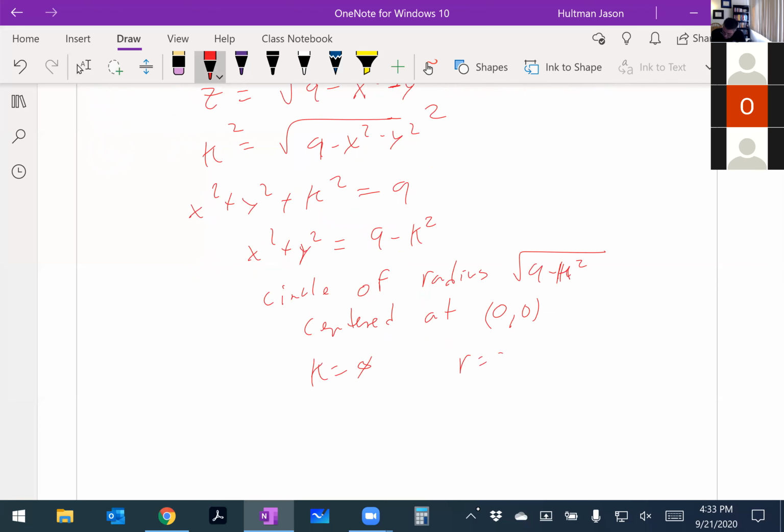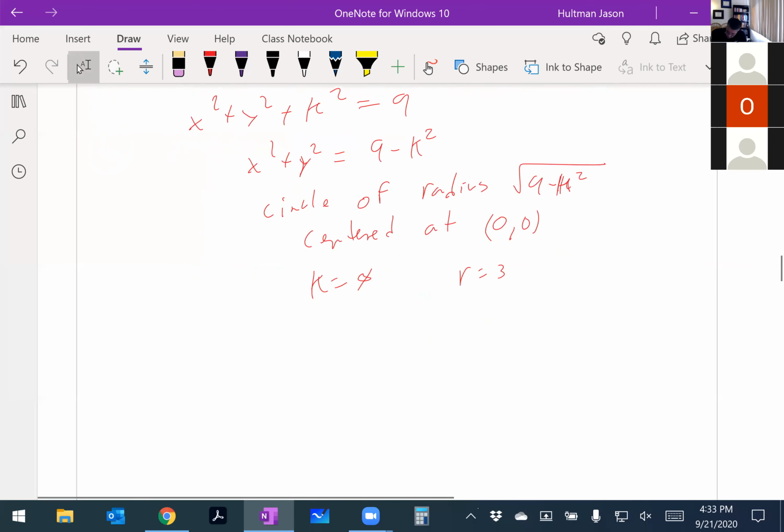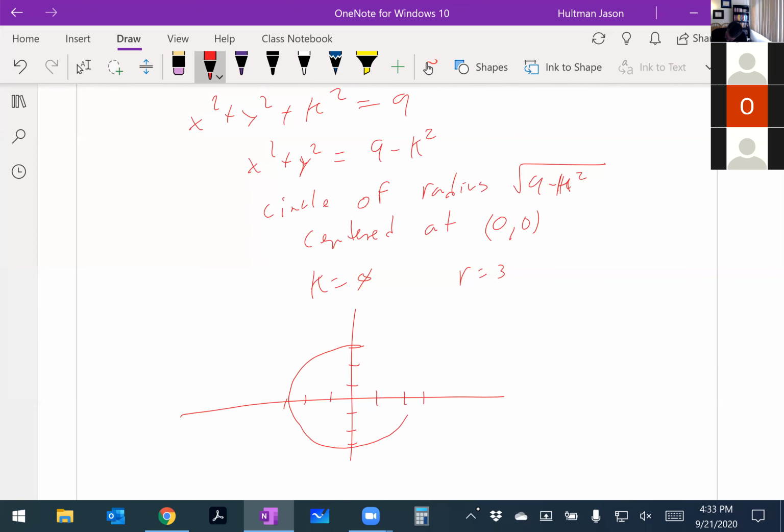Well, r is equal to 3. So when k is equal to 0, we get a nice circle. Let's go back. Let's get rid of this guy.